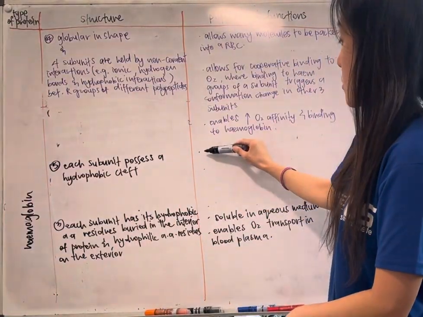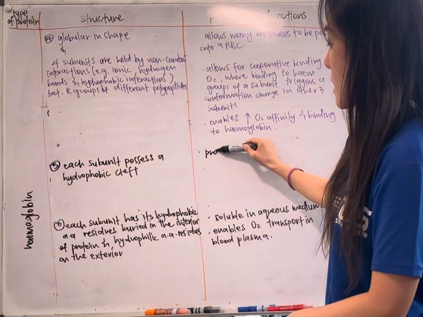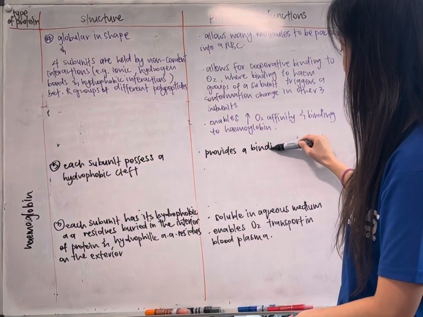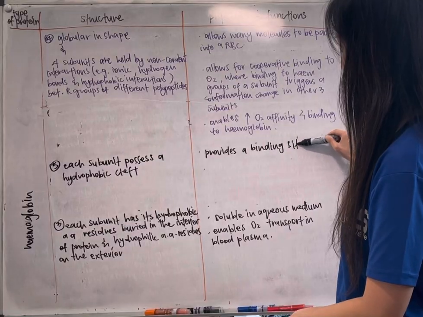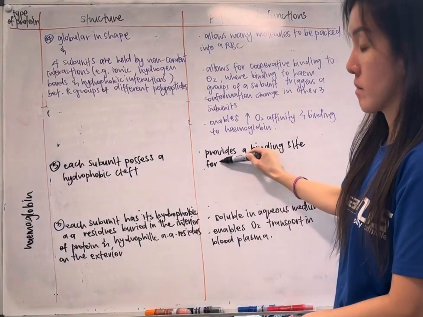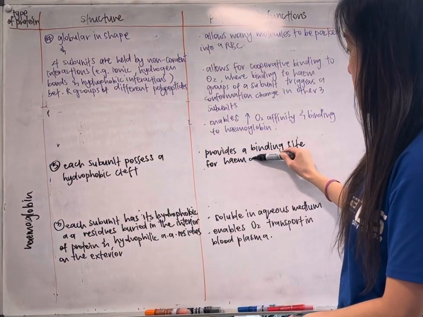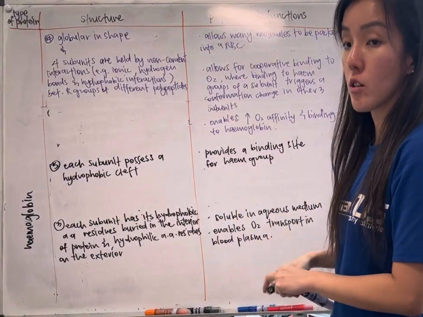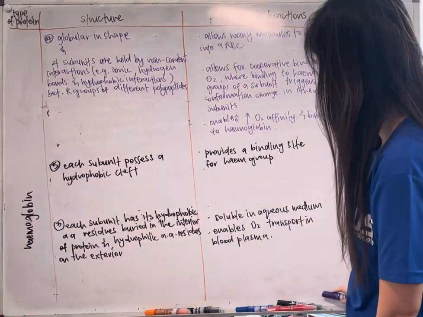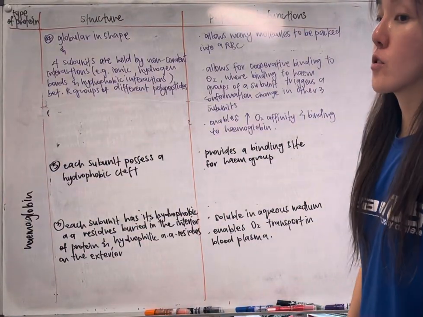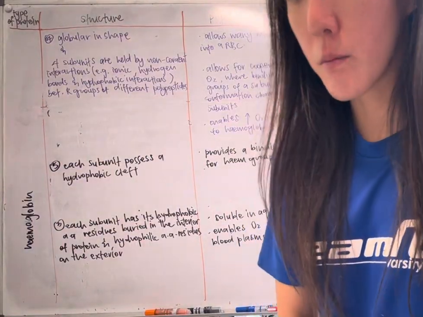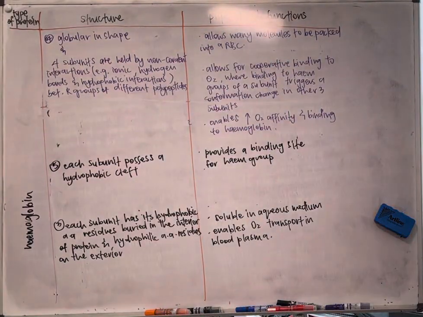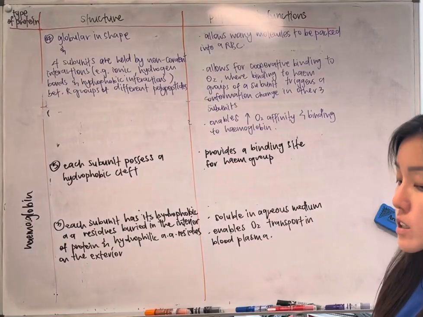Okay, so this actually provides the binding site for the heme group to bind to oxygen, because you should know oxygen is non-polar. Okay, so all this will summarize between these proteins, hemoglobin, as well as collagen.